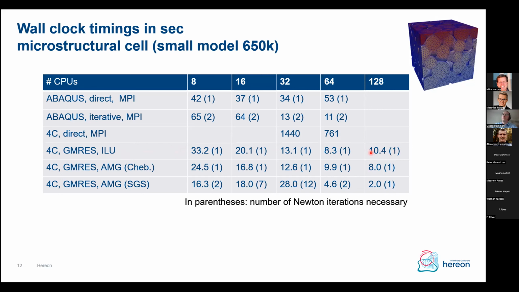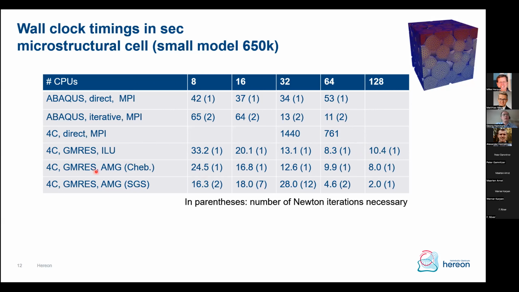Again, here the numbers are getting slightly higher at the end, telling us that the problem is just too small for the number of processors. So this is fine, what we see here. And what was very good for us to see is that we came at least to the same level as Abacus and also improved a little bit compared to what our commercial solution provided to us.